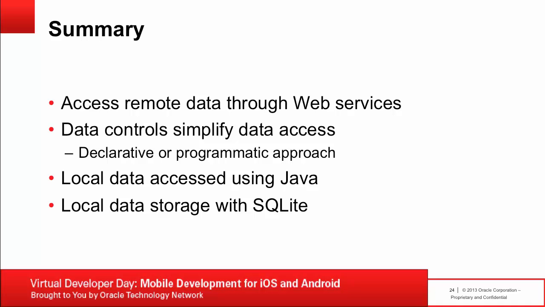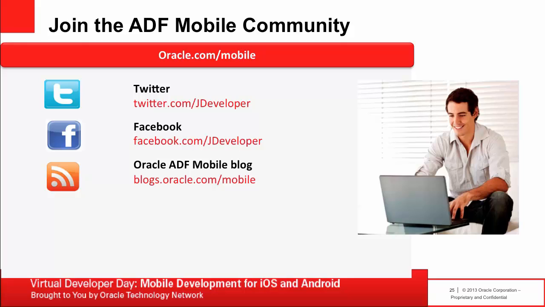Next, we talked about the concept of service object and data object, and in general how to access data through Java code. Lastly, we discussed how to initialize and access the local SQLite database, which provides data caching capabilities for the ADF Mobile application. This concludes the ADF Mobile Data Layer session in the ADF Mobile Virtual Developer Day.